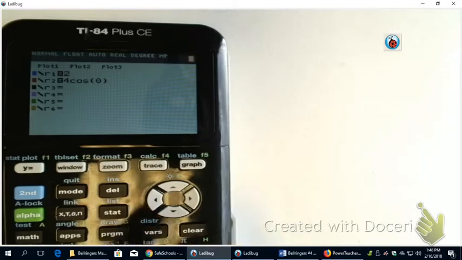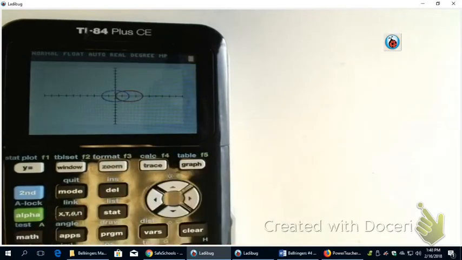So let's go ahead and graph that. The problem would give you an idea of how to find whatever it is asking you for. One thing it might say is find the area outside r equals 2 but inside 4 cosine theta.